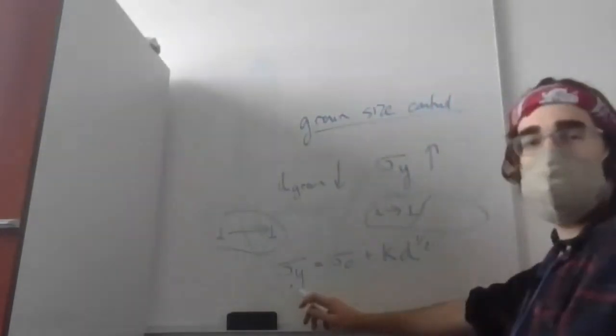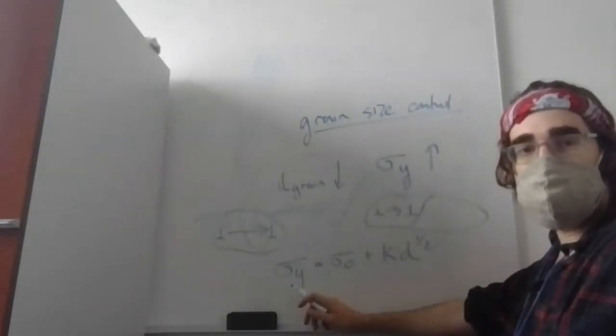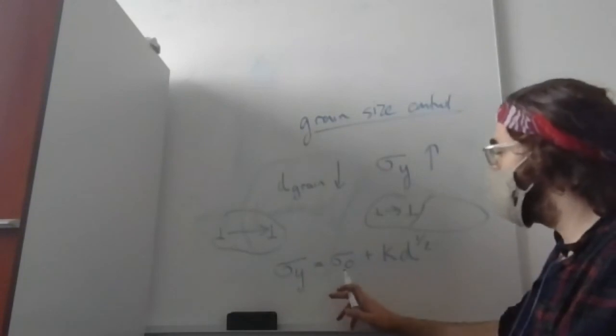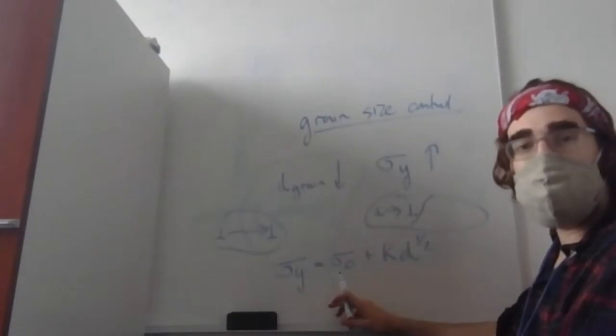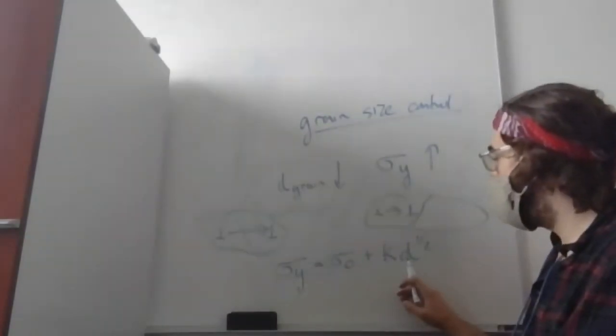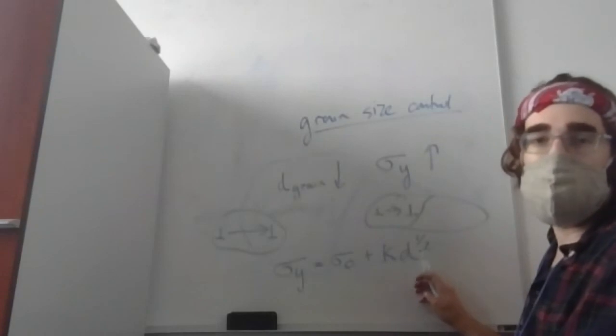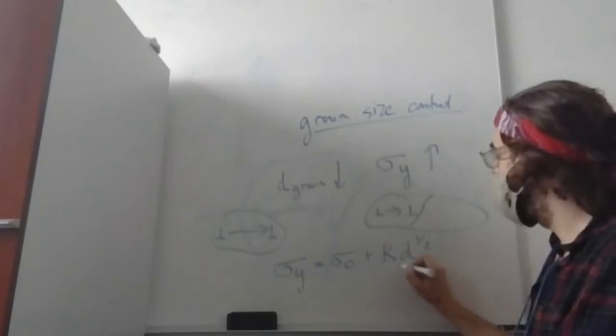The yield stress is equal to some initial stress value, sigma naught, plus K times D to the 1/2, where D is the grain size.